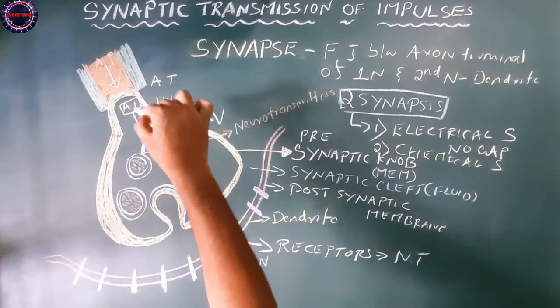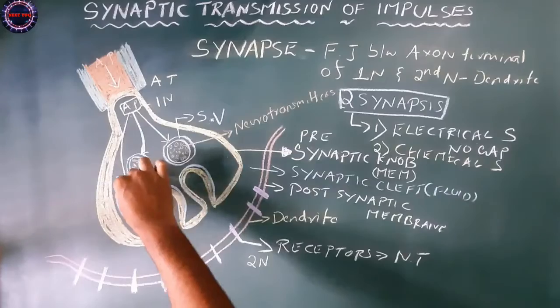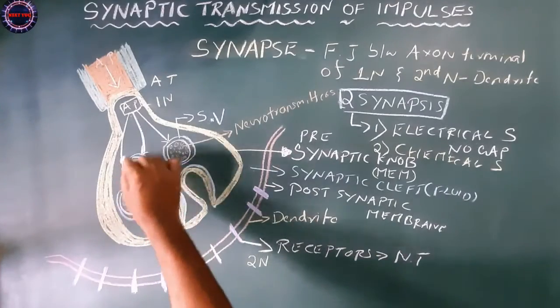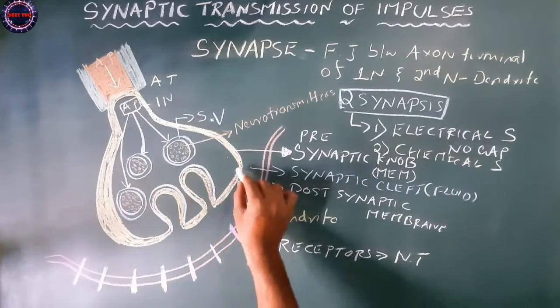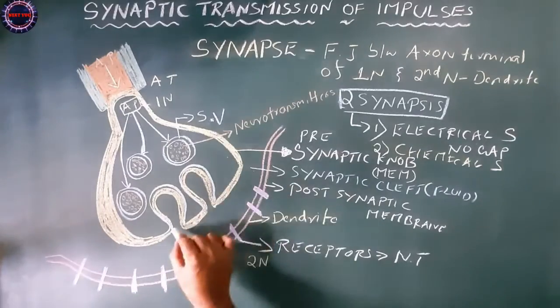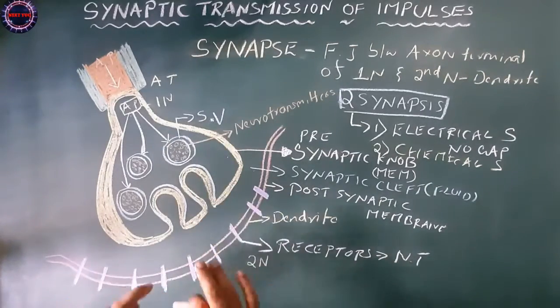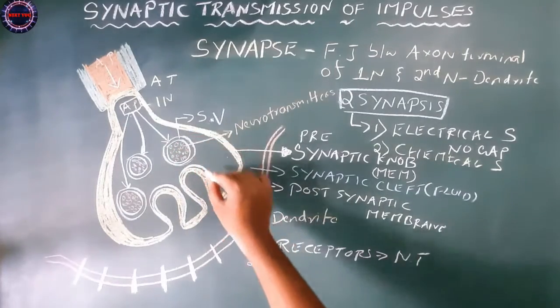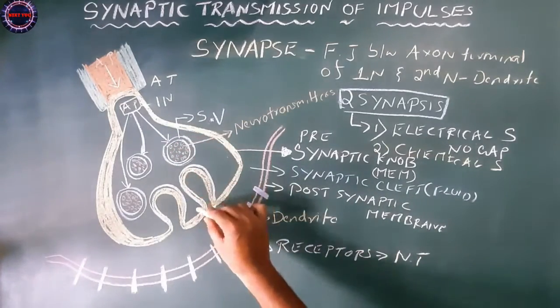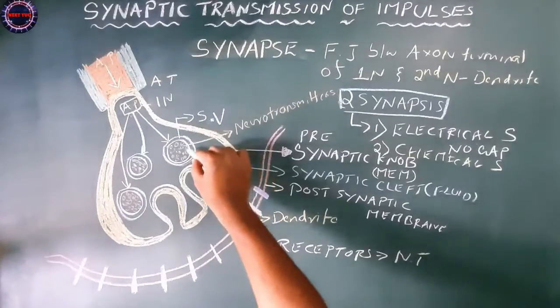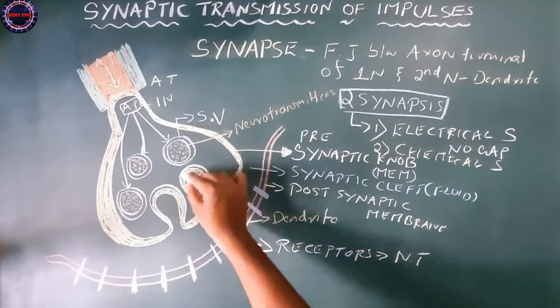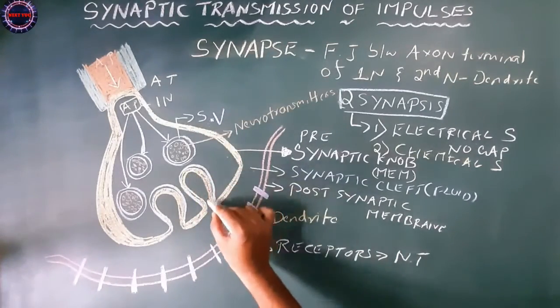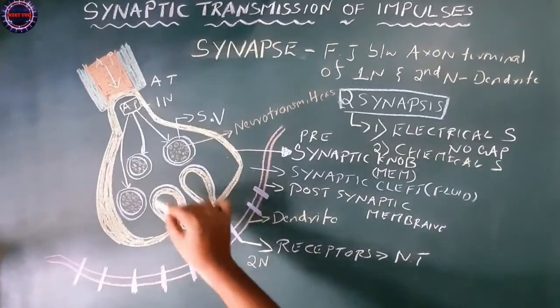This makes the synaptic vesicle move towards the membrane, the end of the synaptic knob, and the membrane of the synaptic vesicle merges with the membrane of the synaptic knob, the plasma membrane.